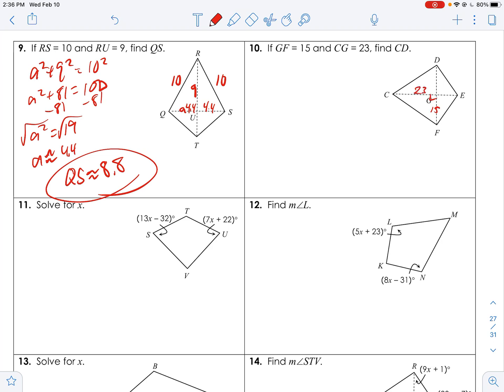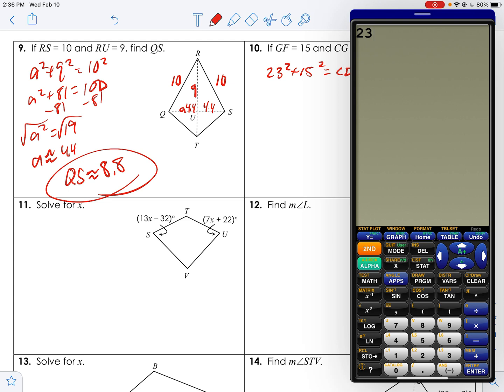GF's 15. C to G, 23. You know that's 90. Find C to D. Well, this one's going to be 15, and that's also 90. So that's C squared. So 23 squared plus 15 squared equals CD squared. Doing it as a whole thing this time.